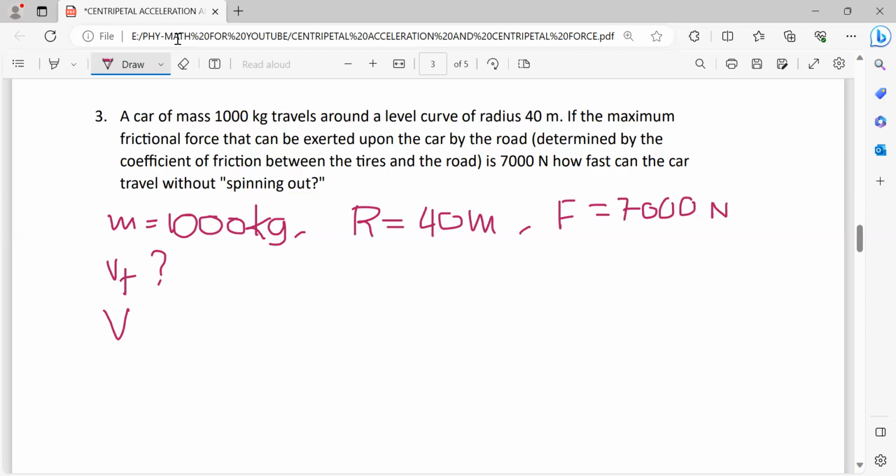So for Vt, we have to simplify first the formula. F equals m Vt squared over r.